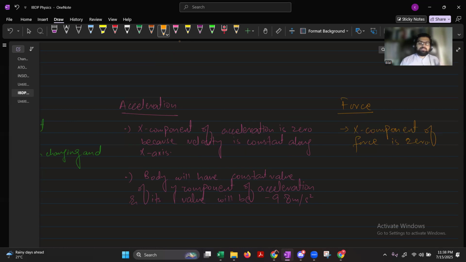So obviously, if there's a constant y component of acceleration acting on a projectile, this means the y component of force should also be constant, and remember it is equal to the weight.